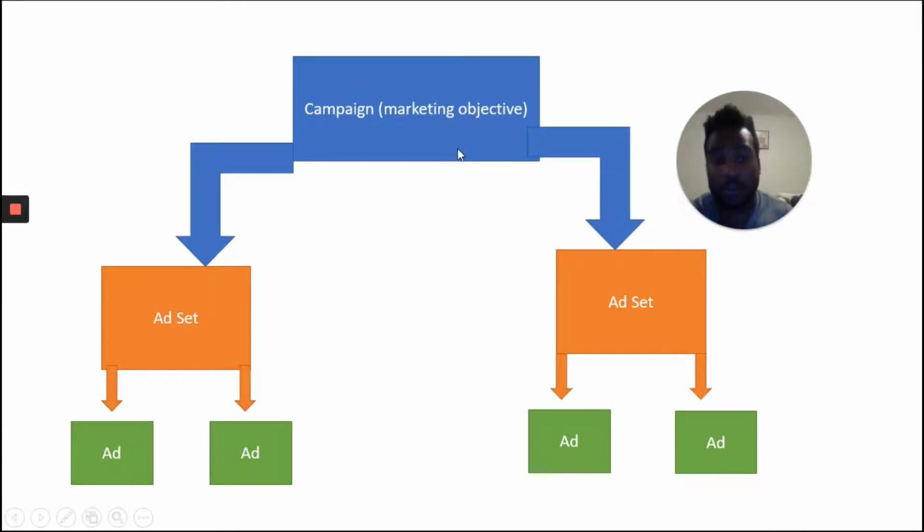And then as you go down a level, with a campaign, you can have multiple ad sets. So an ad set is your targeting. If you want to target women age 30 or men age 50, get anything under the sea, because Facebook has so much information and so much data about everyone that it's just insane how well we can target. And one tip I would give you guys is definitely explore the targeting area.